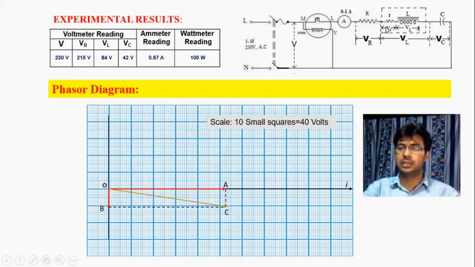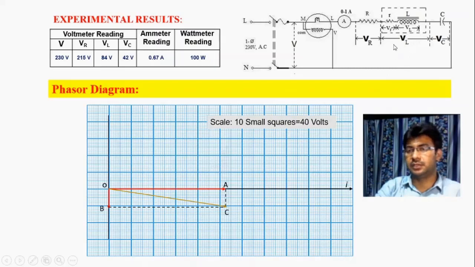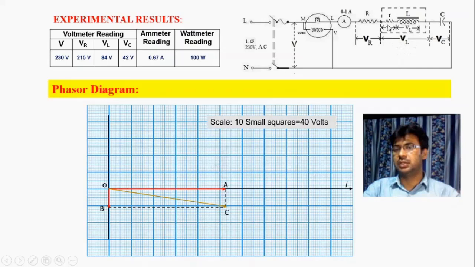Now come to the circuit diagram. In this experiment, a choke coil is used as inductor, which is not pure. That means there is an internal resistance of the choke coil along with the inductance. Therefore, the voltage measured across the choke coil by the voltmeter is actually the resultant voltage of the series combination of the internal resistive part and the inductive part of the choke coil.